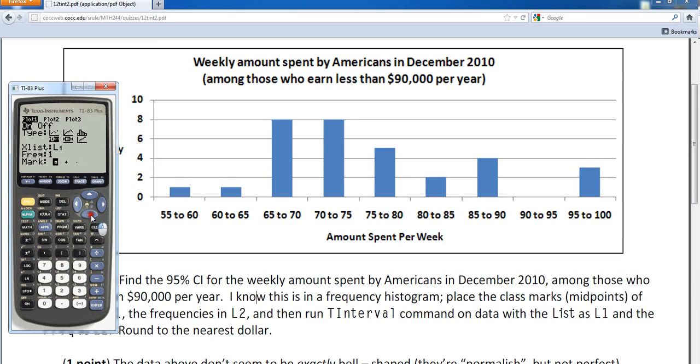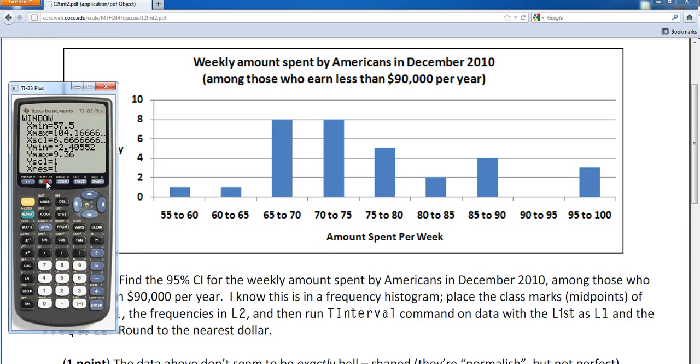Set it up right, L1, L2, and then we'll do a little zoom 9. And there's your data. If you want, you can turn the histogram on with it. Let's turn the histogram on as well: histogram, L1, L2, zoom 9.